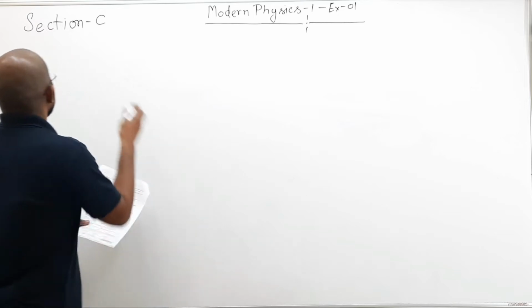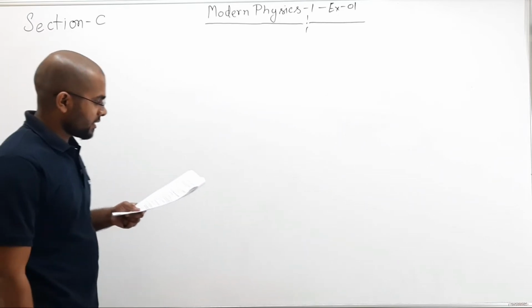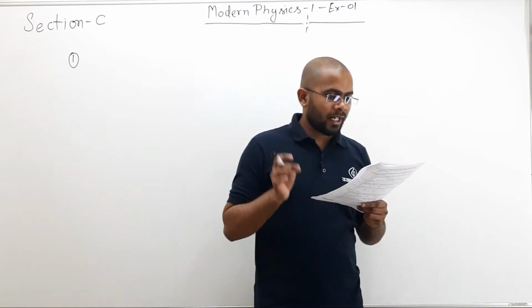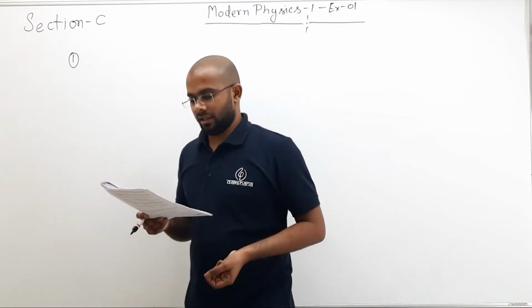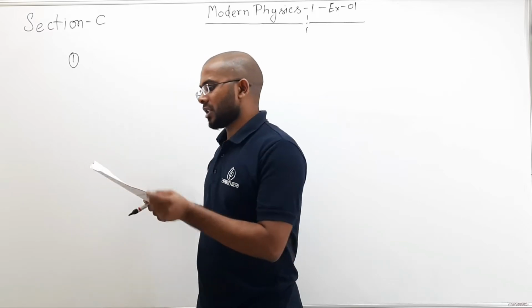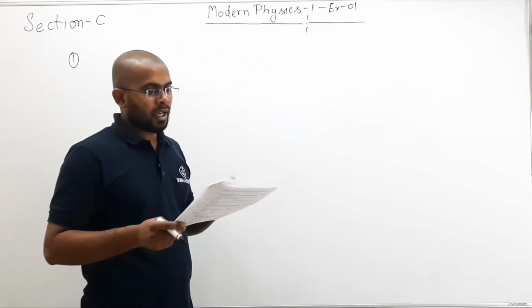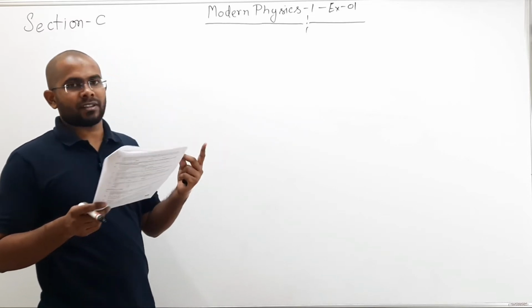Section C, first question. First question says that in the Lyman series, hydrogen spectral lines lie in which region? There are four options: infrared, visible, ultraviolet, X-rays.